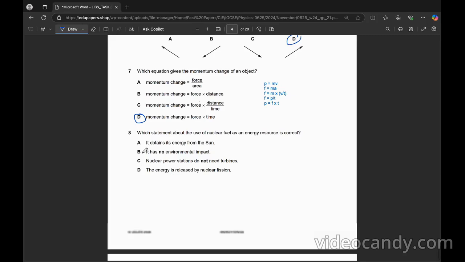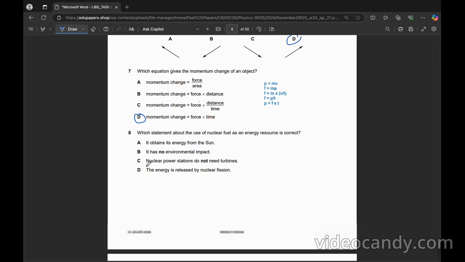And the nuclear power stations do not need turbines. This is also not true because the turbines are really essential in generating electricity. The whole point is to take the energy from a source and make the turbine turn, convert that to kinetic energy, and that's how you generate electricity.